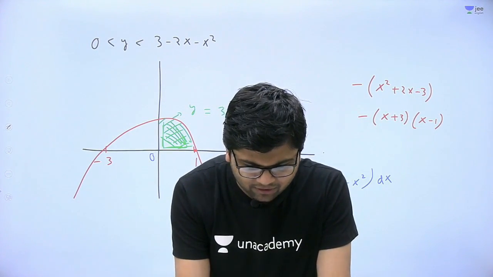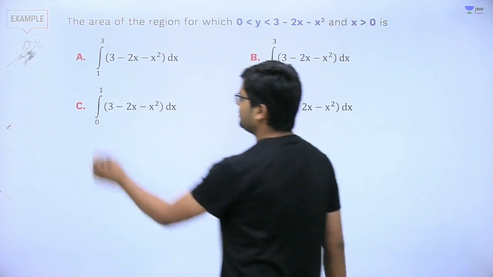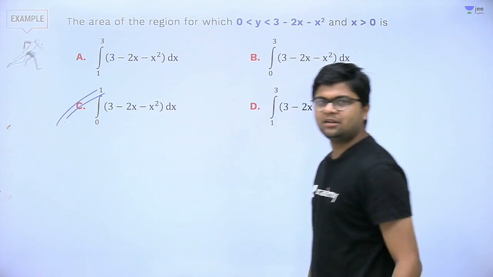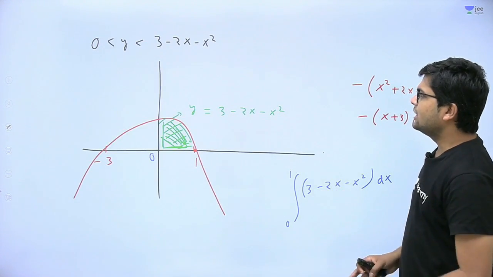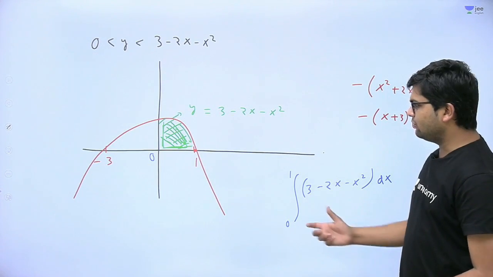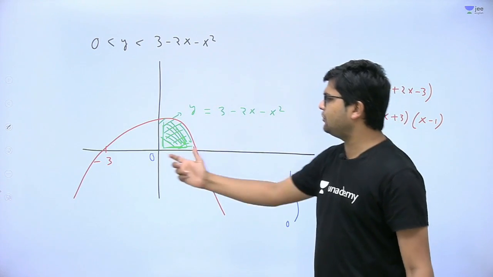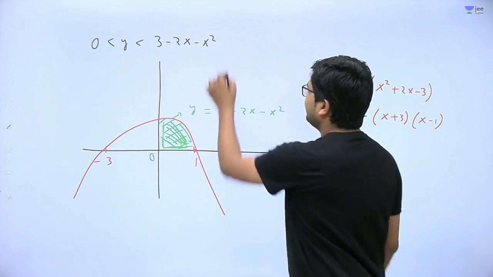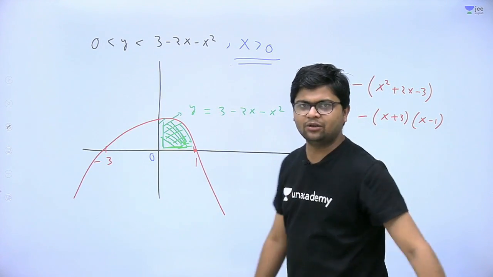Very good. Therefore the answer will come out to be C. The integral of 3 minus 2x minus x square from 0 to 1 dx will be the area that will be shaded by this inequality if x is given as a positive value.